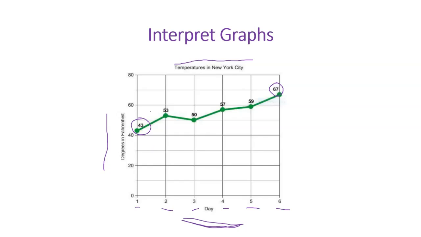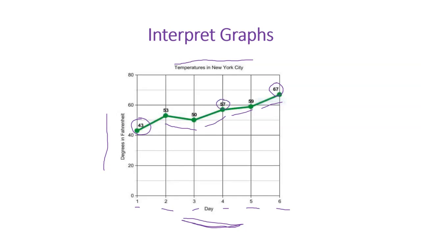Every time you see that the line is going up, it means the temperature is rising. Except I see that from day 2 to day 3, there's a temperature drop. From 53, it dropped to 50. Every other single time you see the line is moving up, it means the temperature increased. You can find the difference of the temperature.